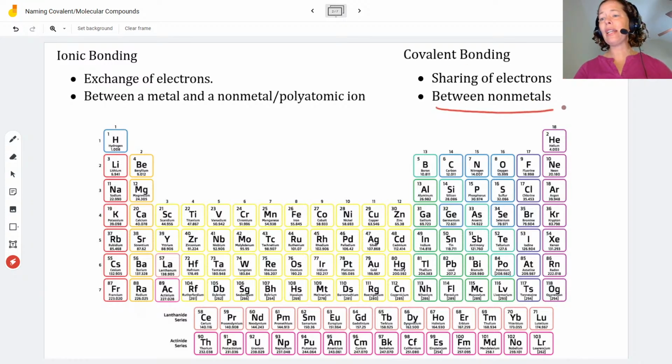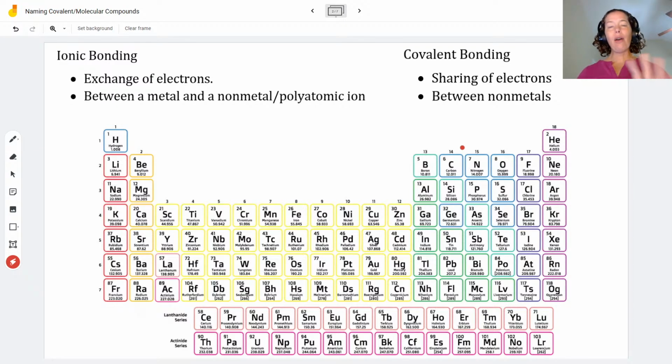Covalent bonding is also going to happen between nonmetals. Your nonmetals are going to be generally over on the right-hand side of the periodic table, and it's going to be, again, a bond between a nonmetal and a nonmetal. So as soon as you have a metal, you're going to have an ionic bond. But if you have two nonmetals that are bonded, then this is going to be a covalent bond.